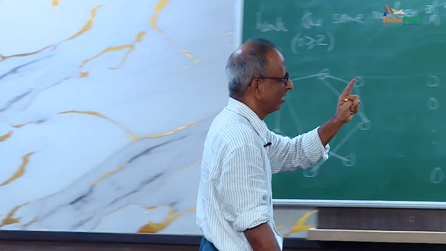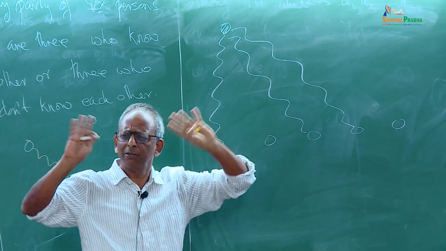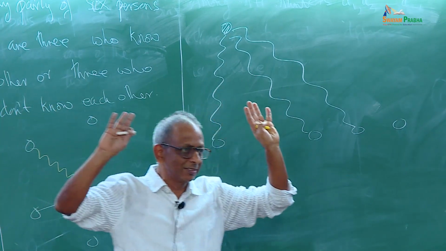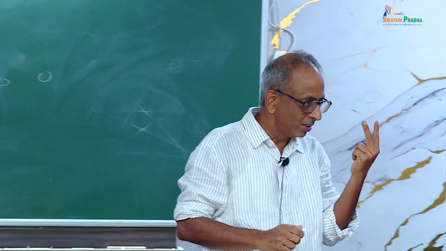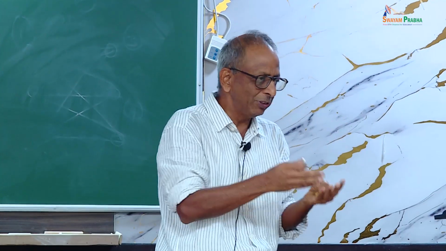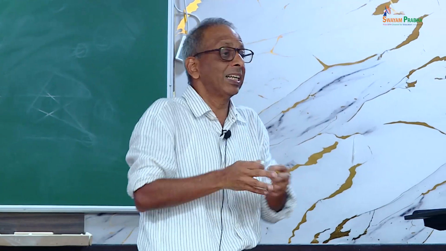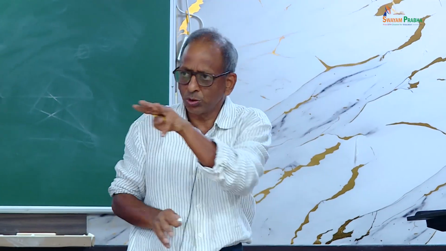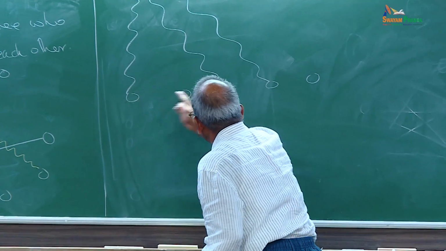Thank you. Did this make sense? Once again, here is a vertex which has how many edges? In all, wavy plus straight, 5. And the edges come only in 2 types, wavy or solid. So 3 of them must be of the same type, at least 3. Focus on those 3, and look at the tips.